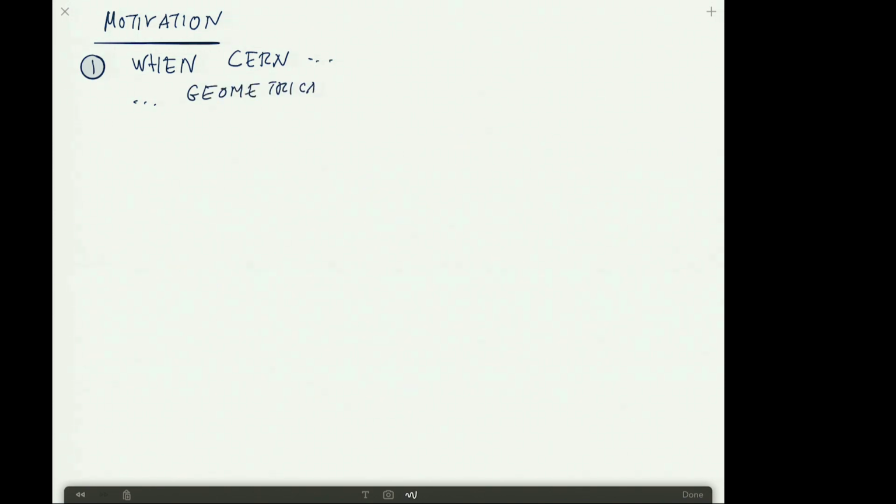Well, motivation. The first one is, when at CERN, as a particle theoretical physicist, we would perhaps like to engineer the standard model. So when at CERN, we should certainly ask ourselves, can we geometrically engineer the standard model?